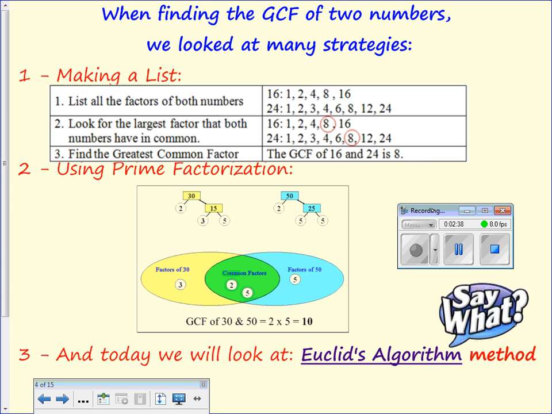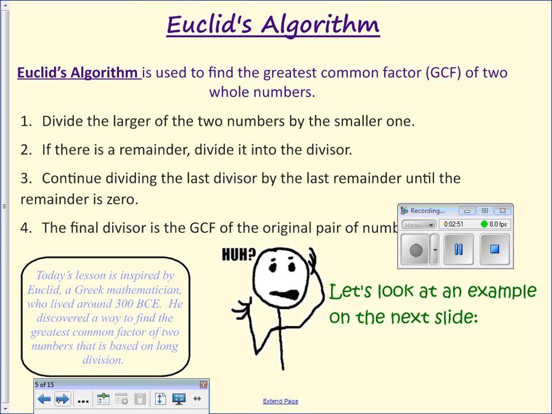Today, we're going to look at a method that works with really big numbers, which is why it's kind of neat. It's called Euclid's algorithm. Say what? Euclid's algorithm is used to find the greatest common factor of 2 whole numbers.